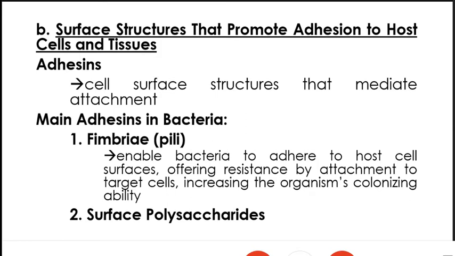Then ang main adhesins in the bacteria po, yung kakasabi po kanina na fimbriae, it enables bacteria to adhere to host cell surfaces offering resistance by attachment. Sila yung parang maliliit na hair follicles po natin, ma'am.